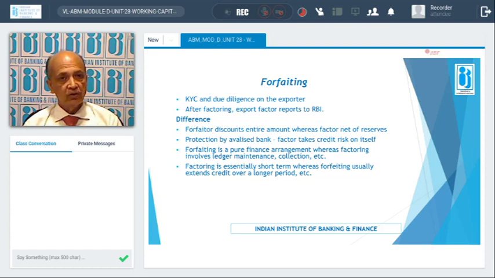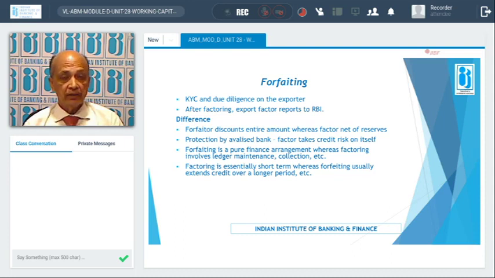It extends credit over a longer period in the case of forfeiting, whereas in factoring it is of a short-term nature. So we have seen what is factoring, what is forfeiting, and these are all RBI guidelines, and what are the differences between factoring and forfeiting. We said that one is domestic and the other is international, one is short term and the other is long term.